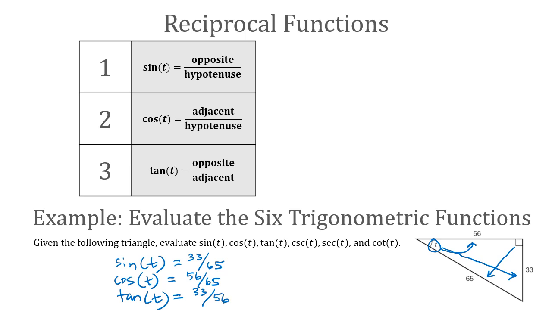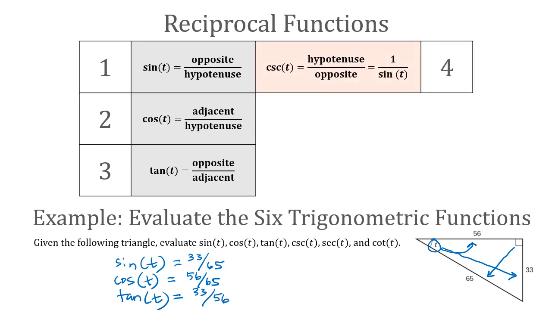You might have already noticed, but the tangent is the only one that doesn't rely on the hypotenuse. So something to keep in mind as we move forward. Now, what are the cosecant, secant, and cotangent relationships? Well, that's where the idea of reciprocal functions comes into play.